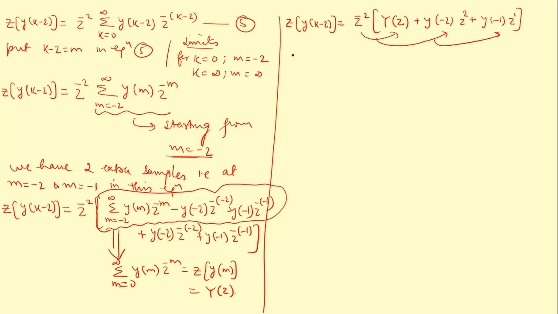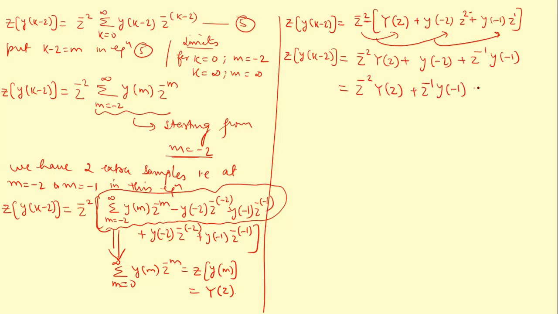So we have the z transform of y(k-2) is equal to z inverse square Y(z) plus, now this z inverse square and this z square will be cancelled out. So we have y(-2), and here we have z inverse 1 y(-1). So we can write this as z inverse square Y(z) plus z inverse y(-1) plus z^0 y(-2), right?